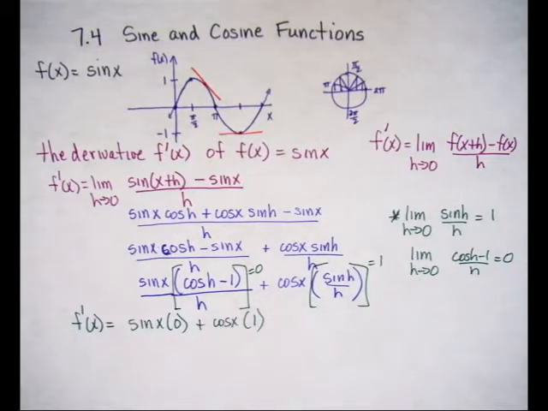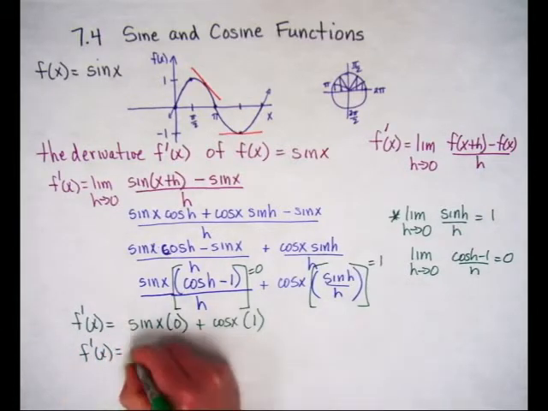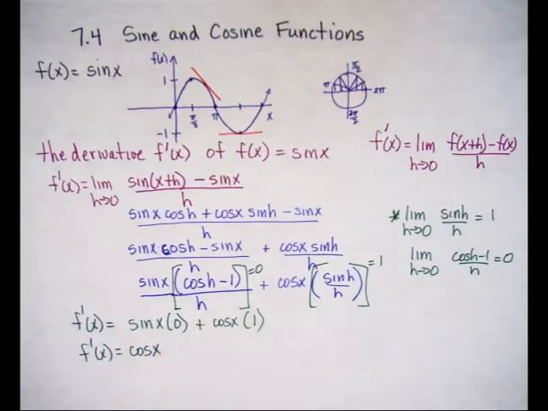Of course, sine x times 0 is just 0. And we've now developed our very first derivative of trig functions. We end up with f prime of x equals cos x. It's kind of an interesting result. What it says is that the derivative of a sine wave is a cos wave.